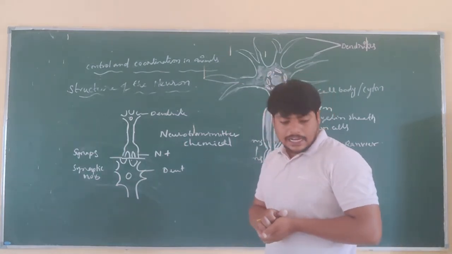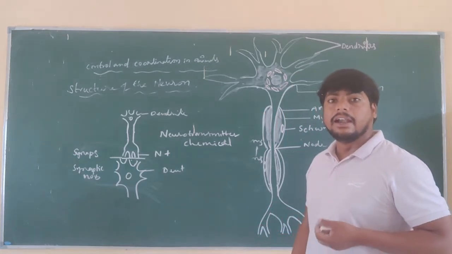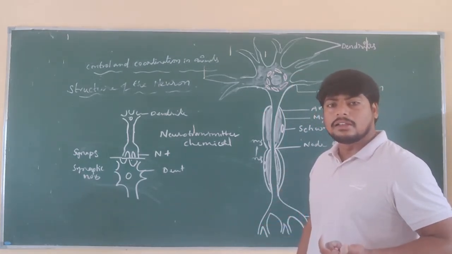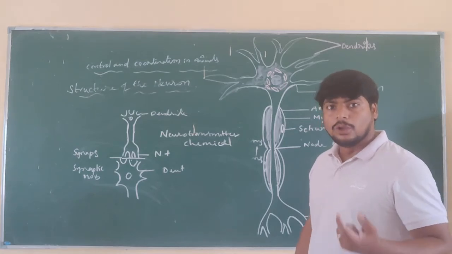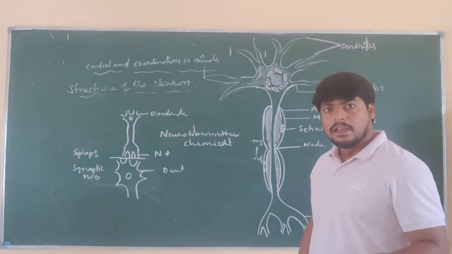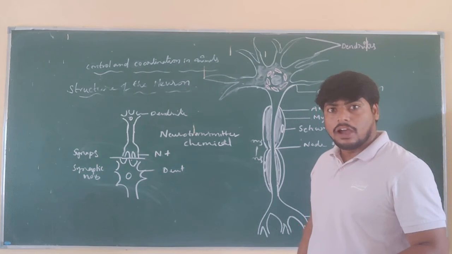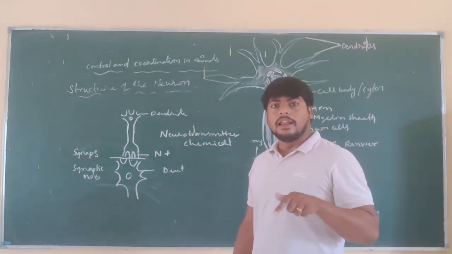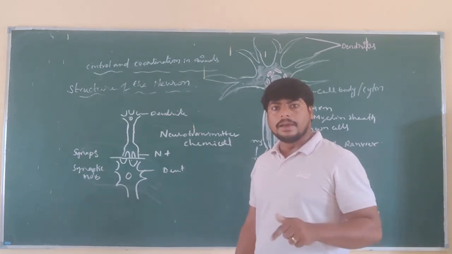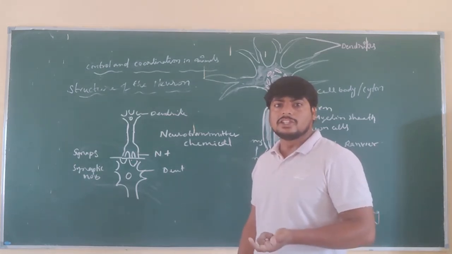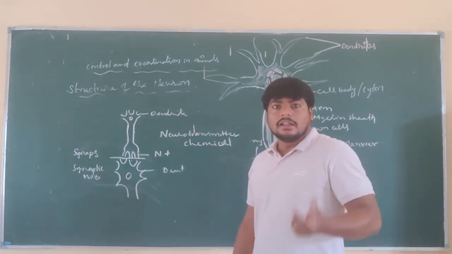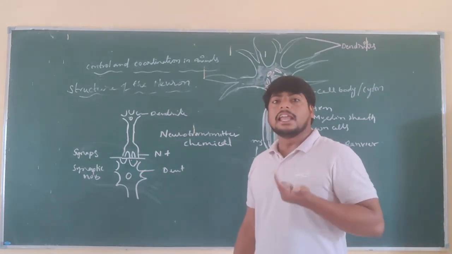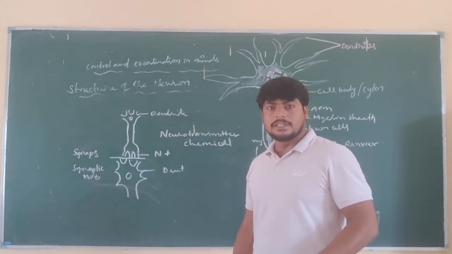So the nerve cell consists of cell body, dendrites and axon. The cell body consists of nucleus, cytoplasm and Nissl granules. Along with that, we can see mitochondria, Golgi apparatus, nerve fibers and fibrils are present, and these Nissl granules are nothing but rough endoplasmic reticulum that helps in synthesis of proteins.